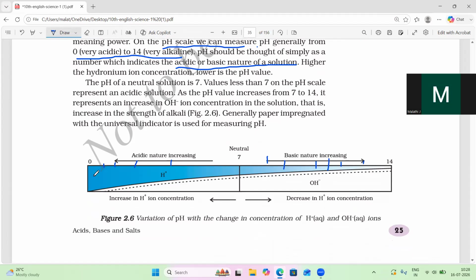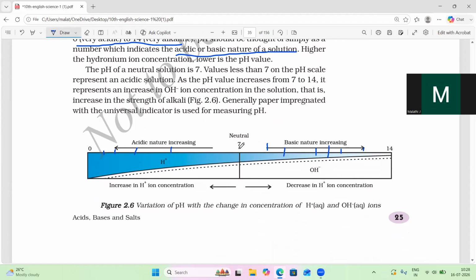When the pH value is 7, then the solution will be neutral. This is a very important question they may ask. If the pH value of the solution is 7, then it is a neutral solution.